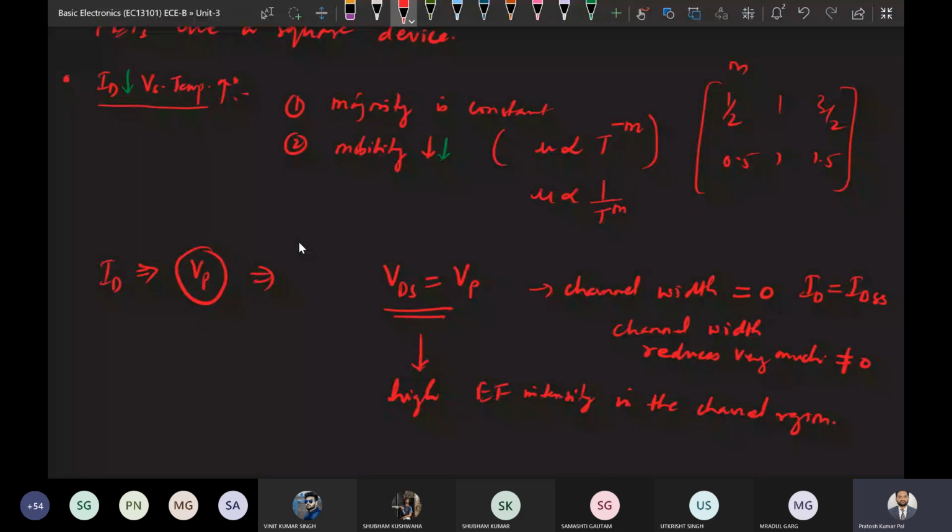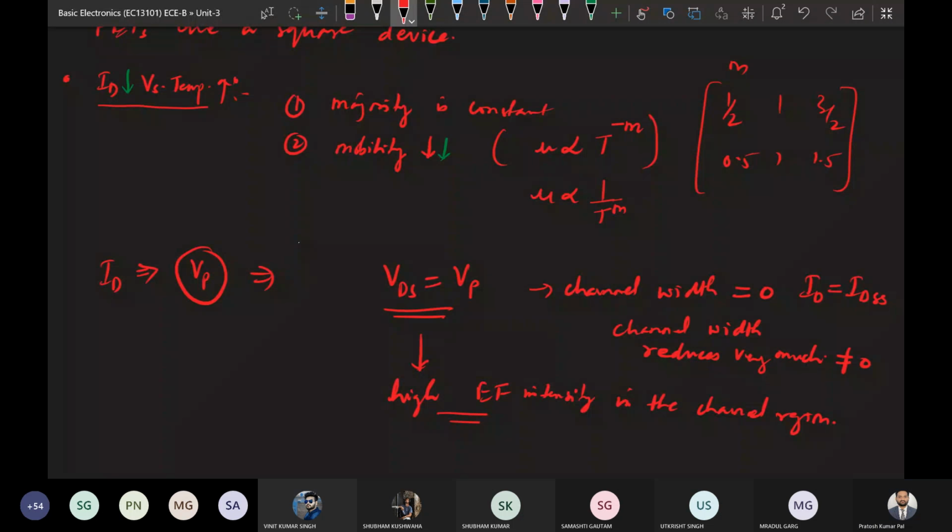Because of the high electric field in the channel region, there will be very high current flowing when the depletion regions of the two gates are going to touch each other. So it will not be touching. That means the width will not be equal to 0, but it will be some very small value, and through that very small gap or channel width there will be a current flowing. That current will be very high because of the high electric field intensity generated because of VDS.